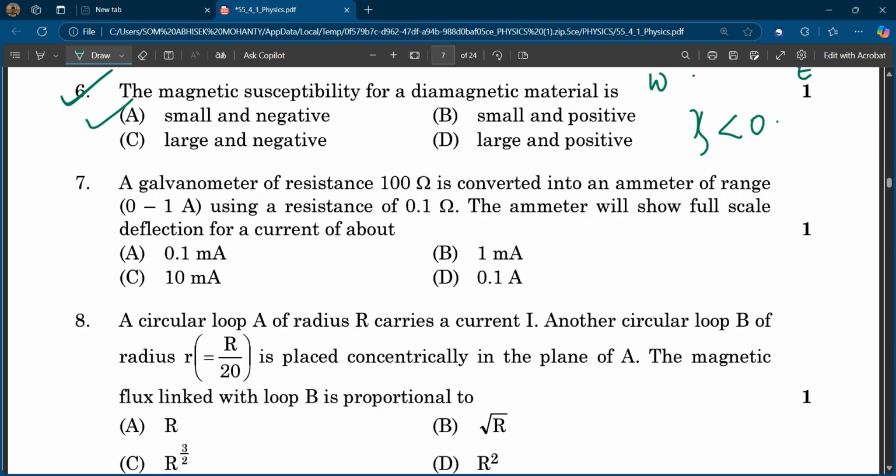A galvanometer of resistance 100 ohm is converted into an ammeter of range 1 ampere using a resistance of 0.1 ohm. The ammeter will show full scale deflection for a current of about.